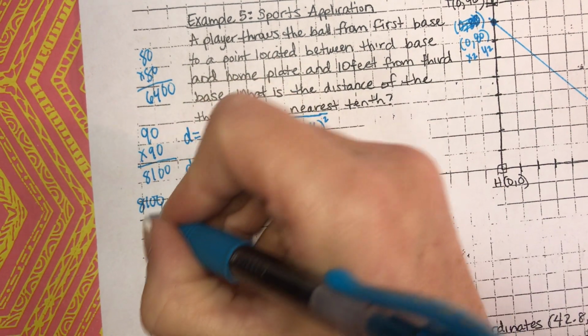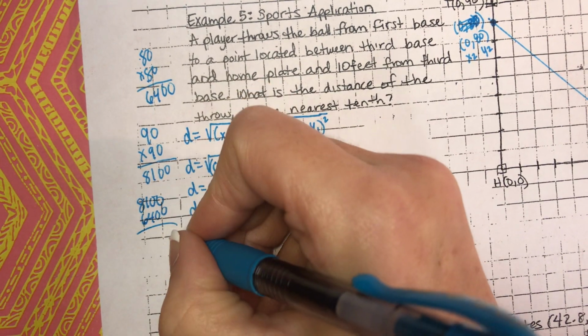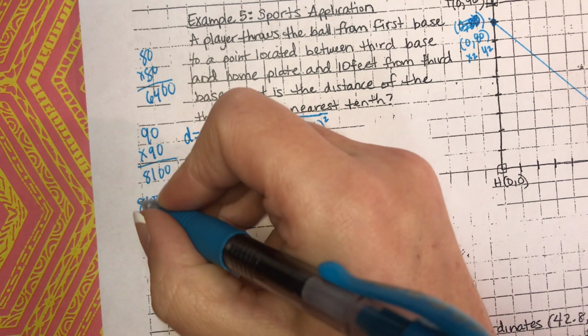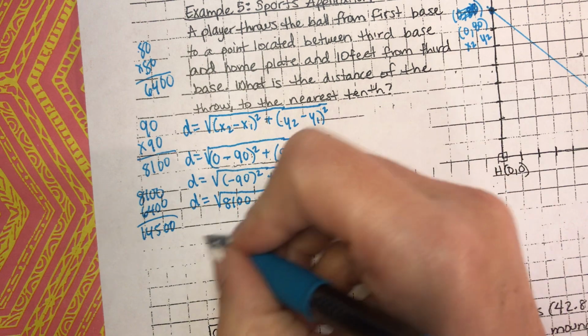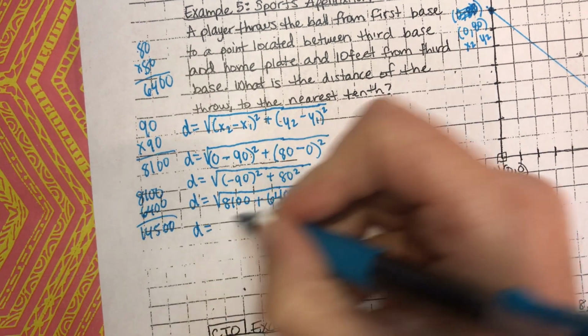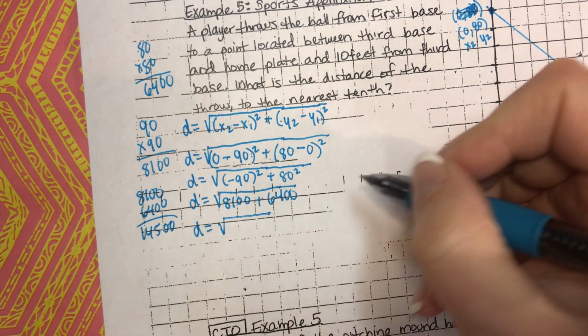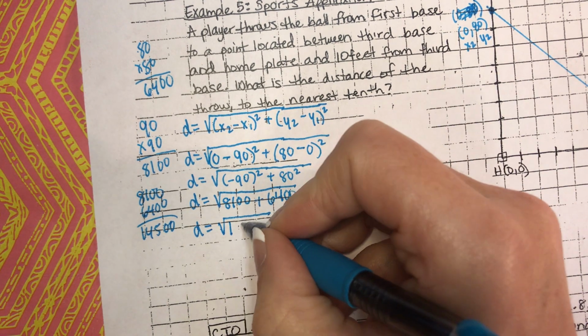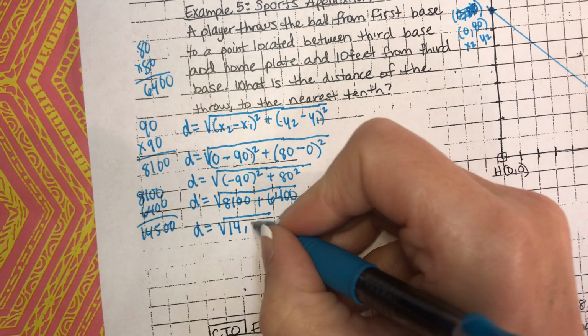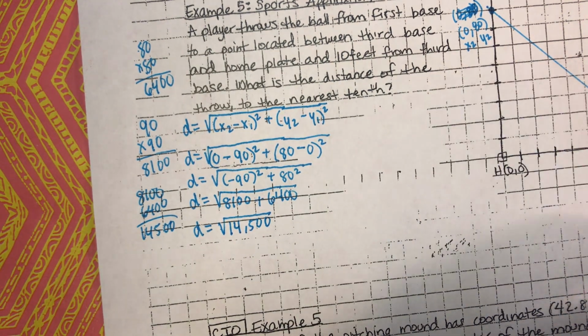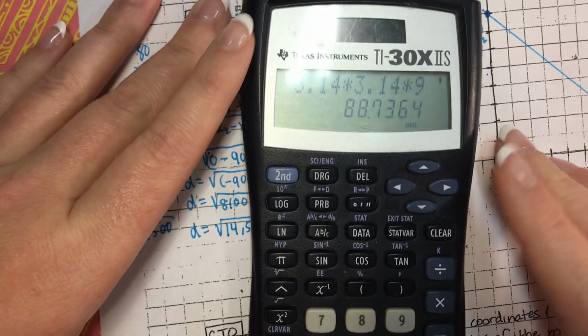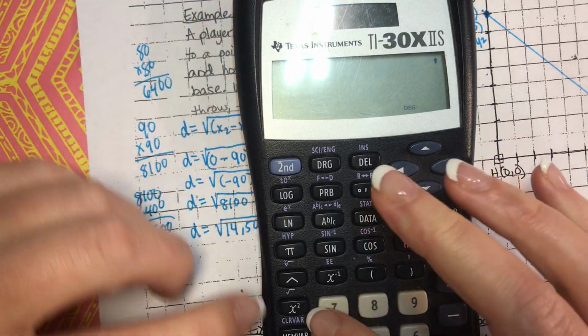Then we just need to add those two together. 8100 plus 6400 is 14,500. So D equals the square root of 14,500, and it's saying to the nearest tenth. For this one, we're going to take out our calculator because it's a very big number.